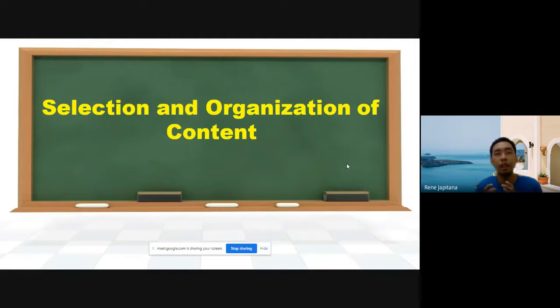When we take the board exam, these are the things that we need to consider, when there are questions related to the principles on selection and organization of the content, or the principles that will help us in choosing the subject matter that we are going to deliver in the class.